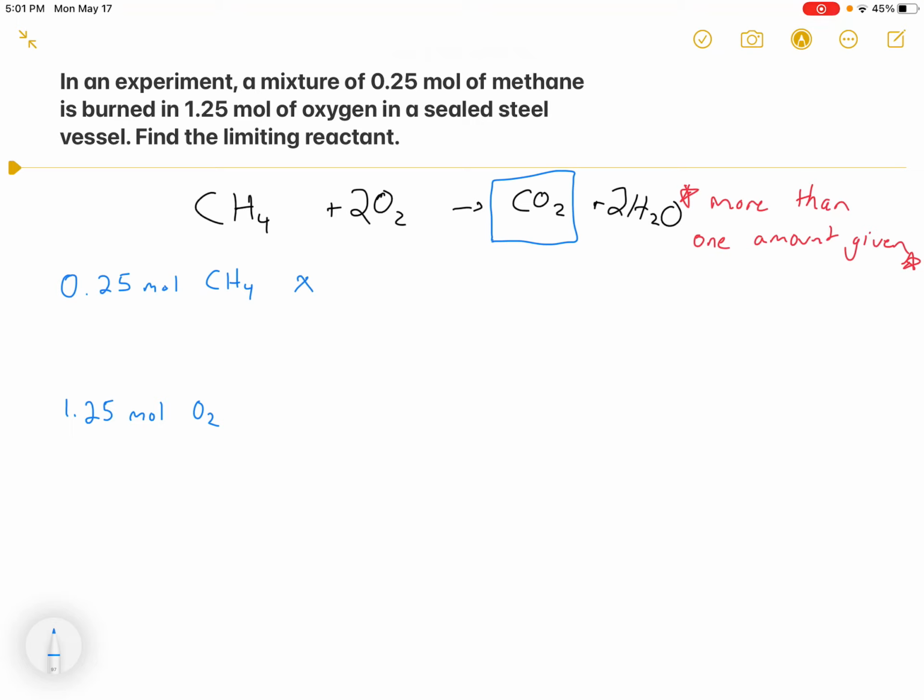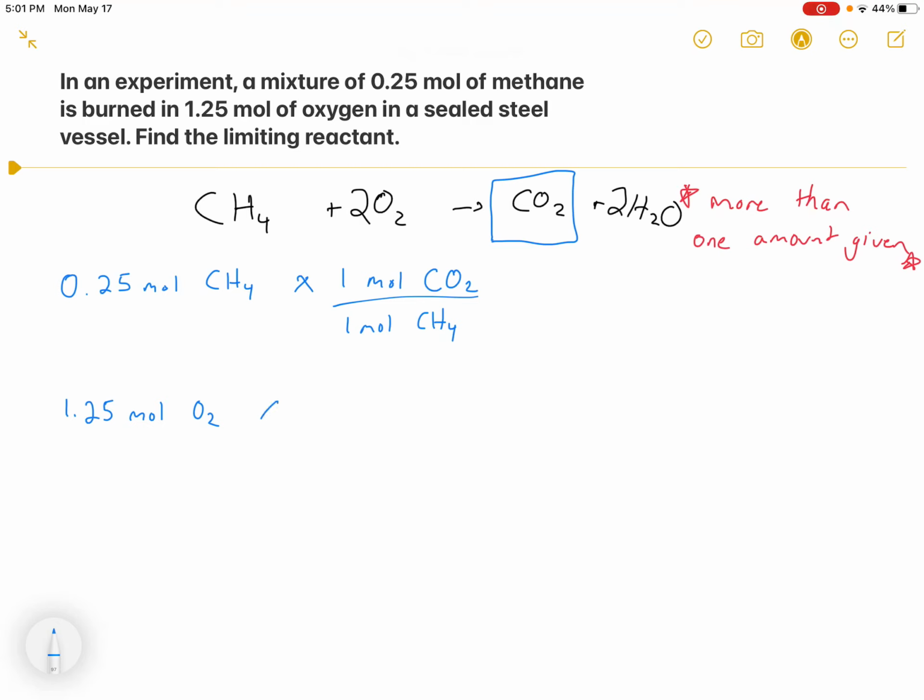So the equivalent proportion multiplier there will be 1 mole of CO2 per every 1 mole of methane. And we know that's true because it says that in the reaction. This reaction would produce 1 mole of carbon dioxide for every 1 mole of methane that goes into it.